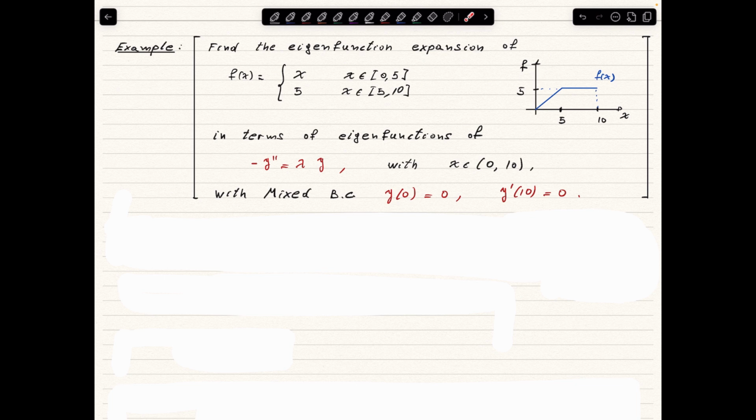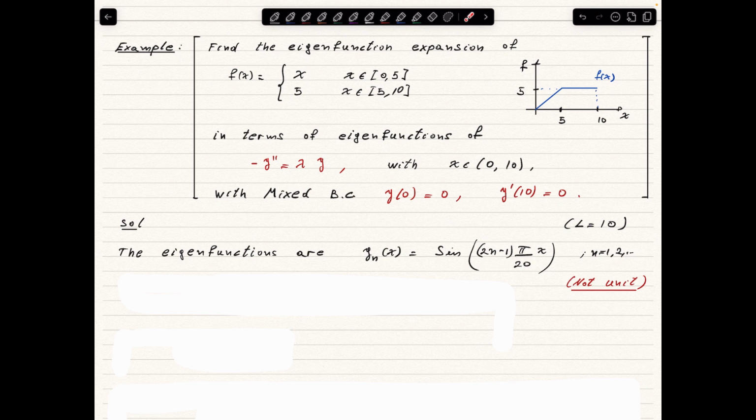After the video, you stop the video, and you can compare your calculation with what we show here. So what are the eigenfunctions of this problem? Well, we have solved that in a previous video. They are sine of (2n minus 1) pi x over 2L. Recall here L is 10, and this is the eigenfunction for the mixed problem having the denominator 2L.